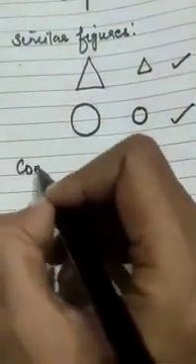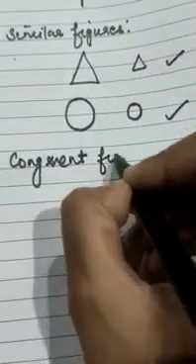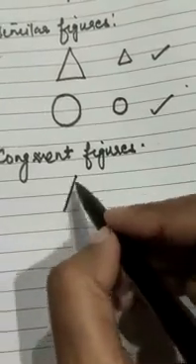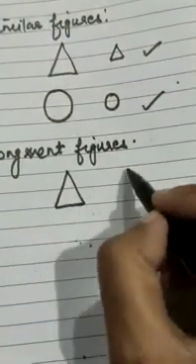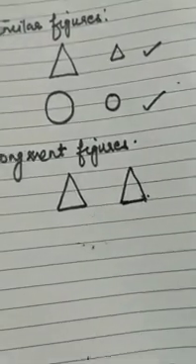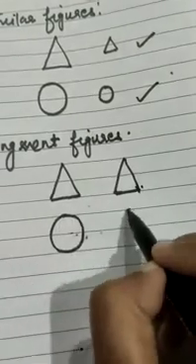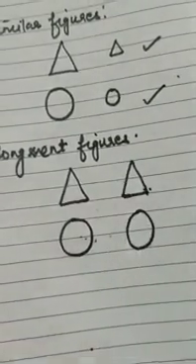Now come to congruent figures. Congruent figures are those figures in which we have same shape and same size. Right?